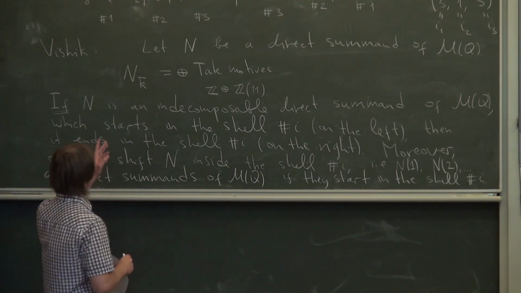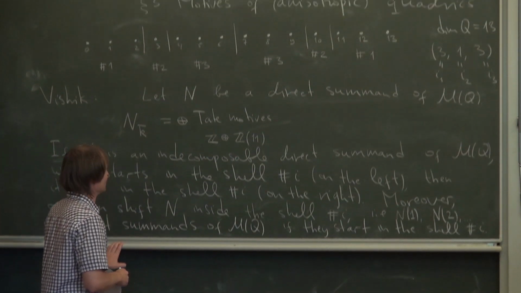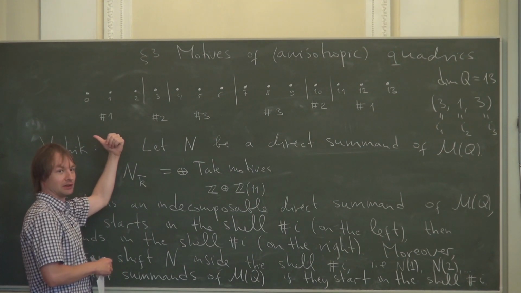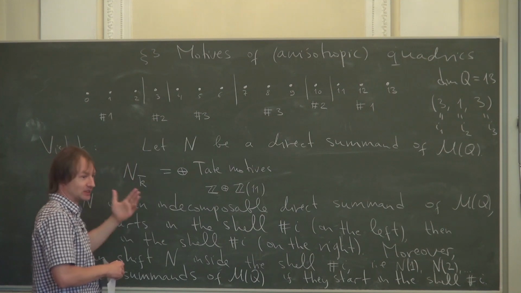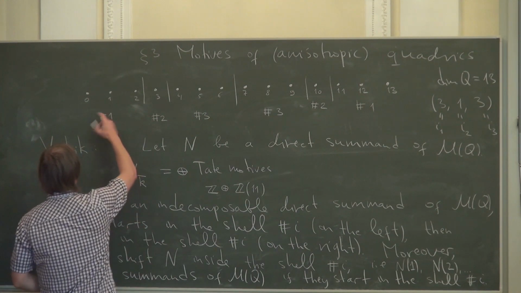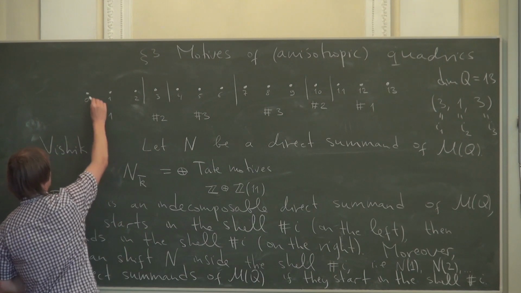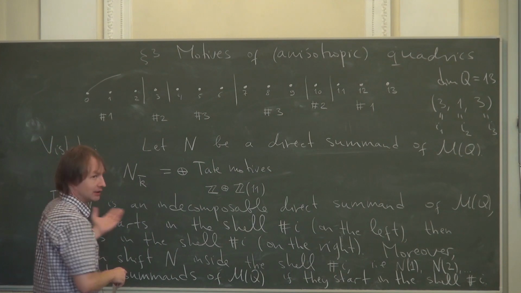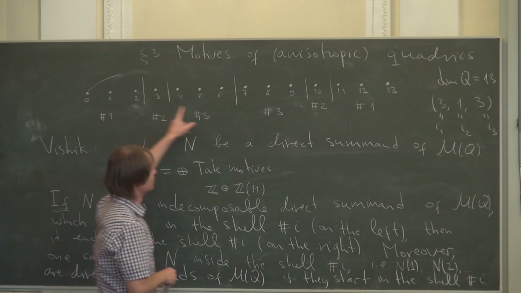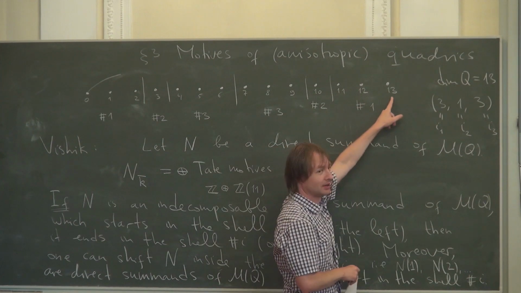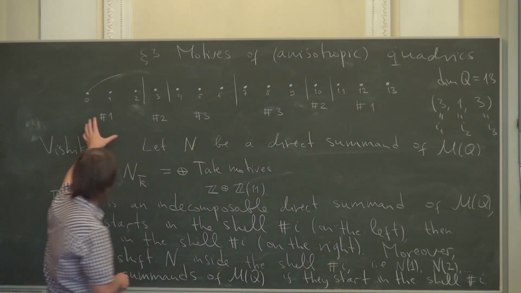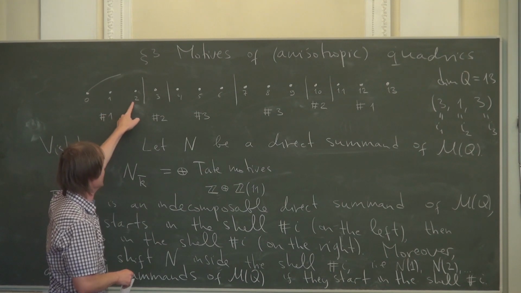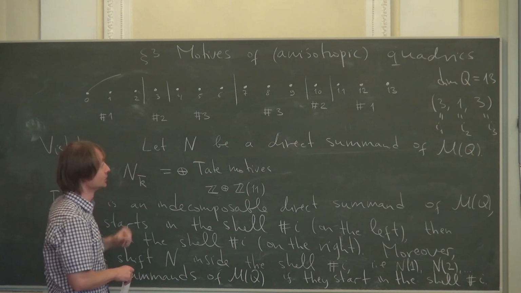But certainly for the first shell, there are. Because here is the leftmost Tate motif with shift 0. So it should be something starting from there. Applying it to the first shell, there is definitely someone starting here, and then it should end somewhere here. But still, we can shift inside the first shell. So we can always shift it to here and then to here. Not anymore, so this will be out.